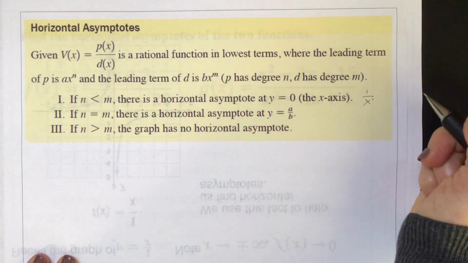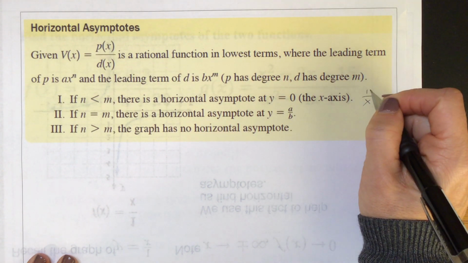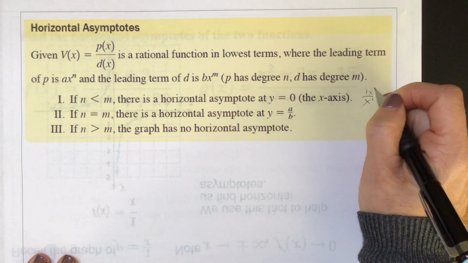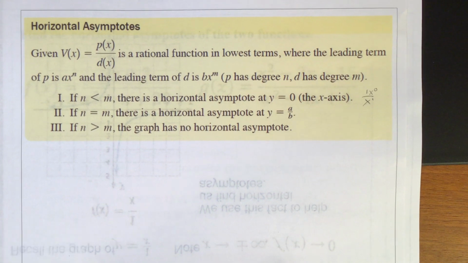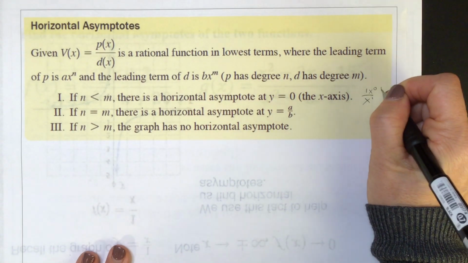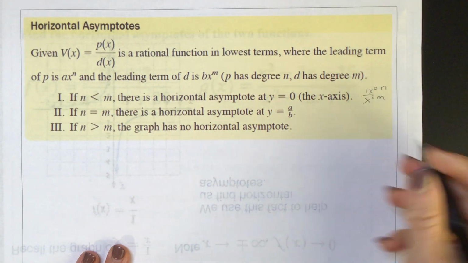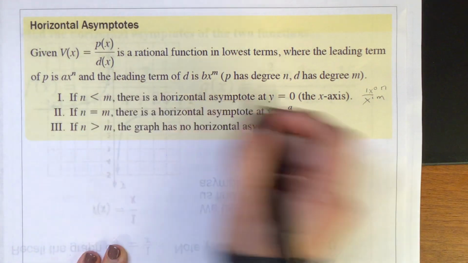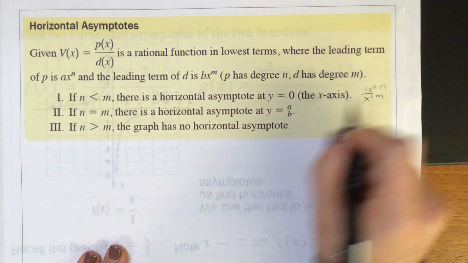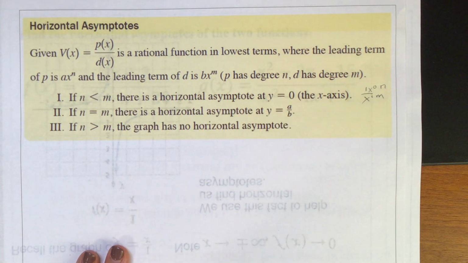Here we have an exponent of 1. So n on top, you could think of this as 1x to the 0. Remember, anything to the 0 power is 1. This is n, and this is m. So in this situation, n is less than m, and so we would have a horizontal asymptote at 0.